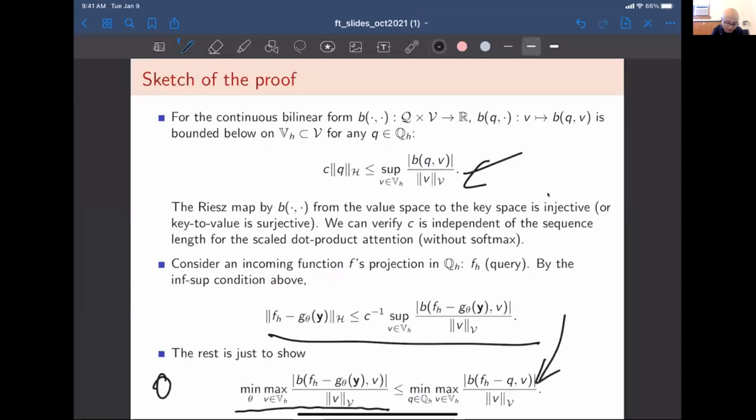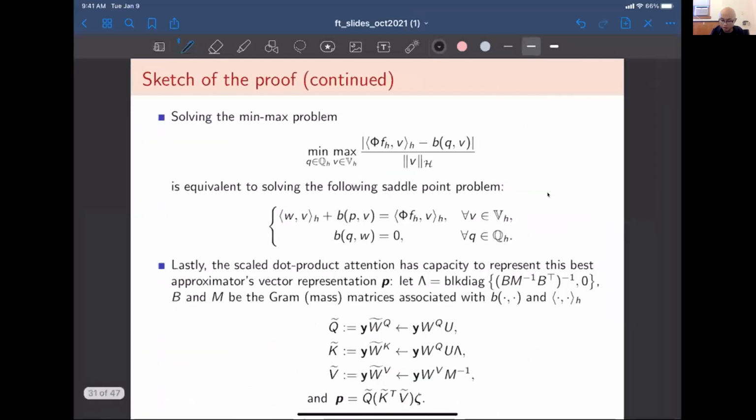So theta is the parameter of our deep neural network for one layer, and this is nothing but a saddle point problem, which is just this mixed problem. By the way, this mixed problem is not as difficult as the Stokes problem, because in the Stokes problem the divergence matrix is not full rank, but here we assume the divergence matrix is full row rank.